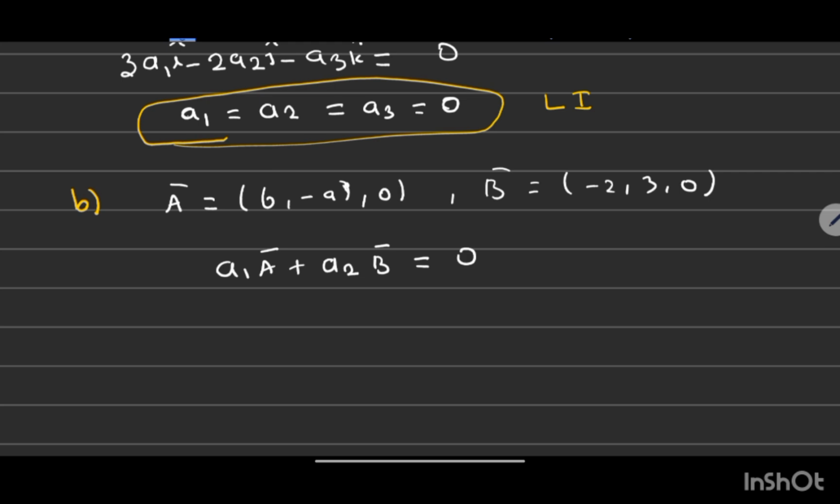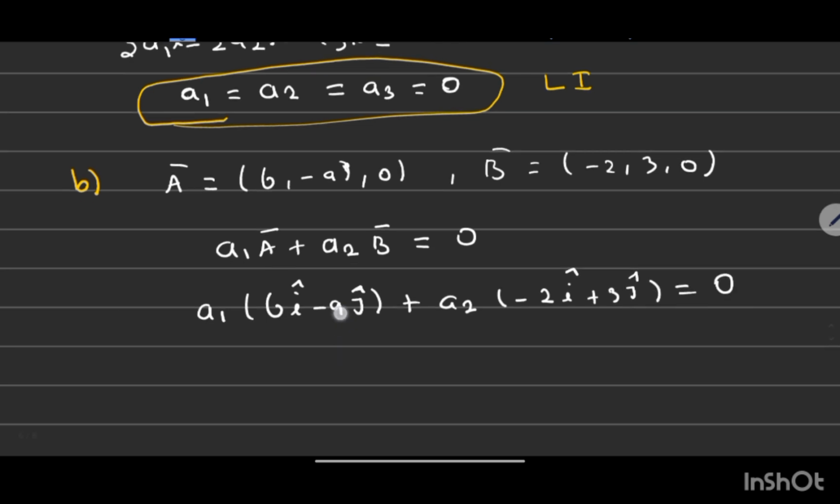So if you do this, you get a1 times 6i minus 9j plus a2 times minus 2i plus 3j is equal to 0.